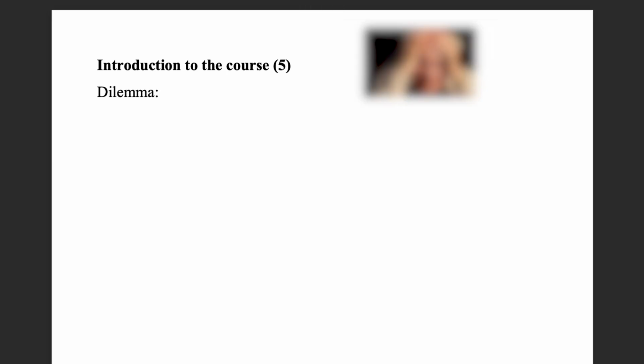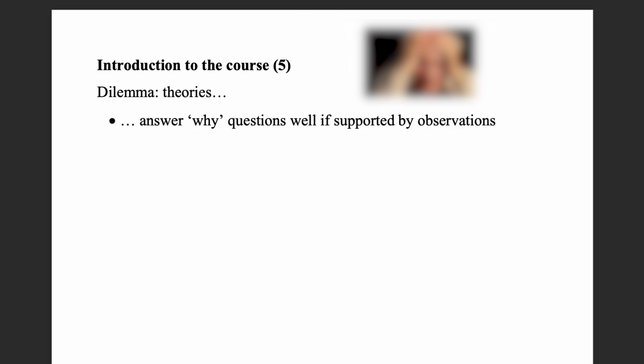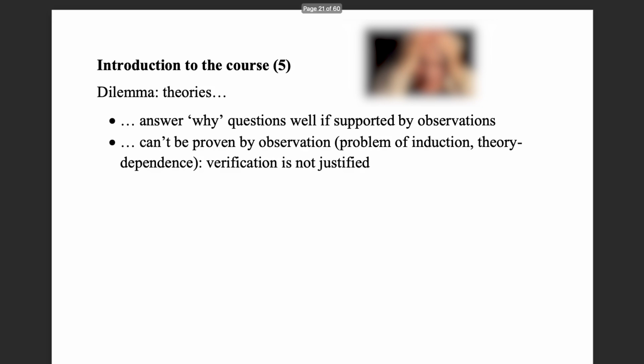Now we're stuck with a kind of dilemma, right? Because what we say is, well, theories are answers to why questions, and they are good answers if they are well supported by the observations that we make. But we're also saying that we can't prove these theories by just observation, because of the problem of induction and because there's a problem of theory dependence.